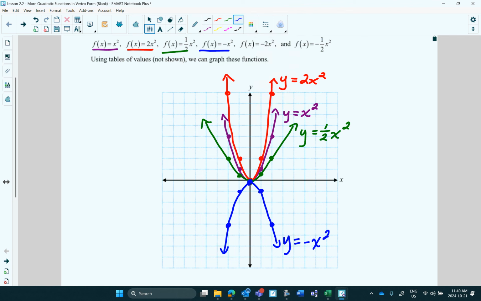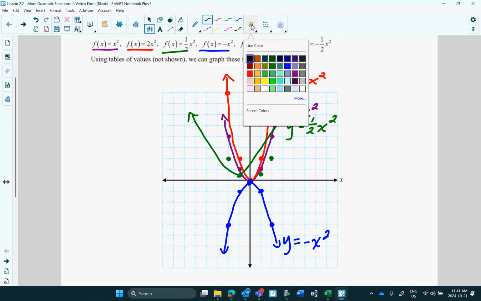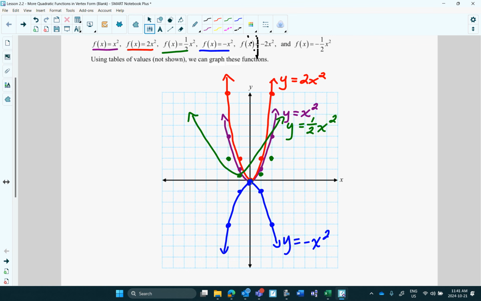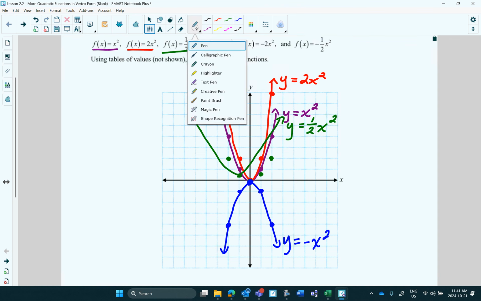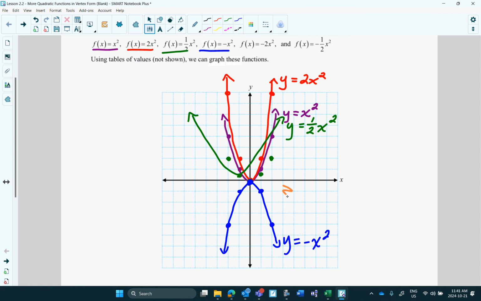Still not blue. I need a different color. Orange. Okay. Oh, what happened? No. Why is it not letting me pick? There. But it moved this.